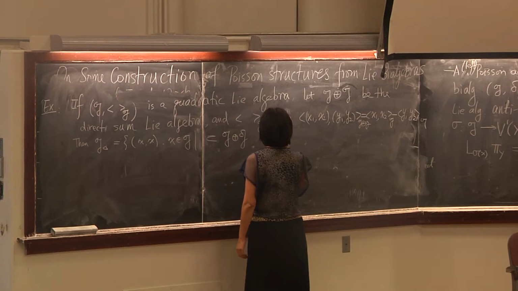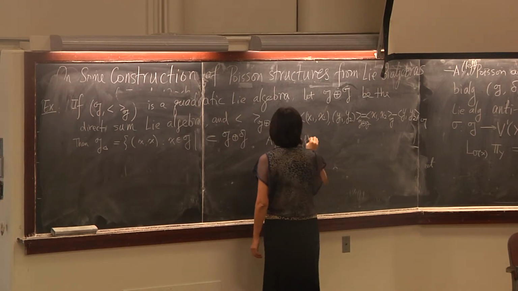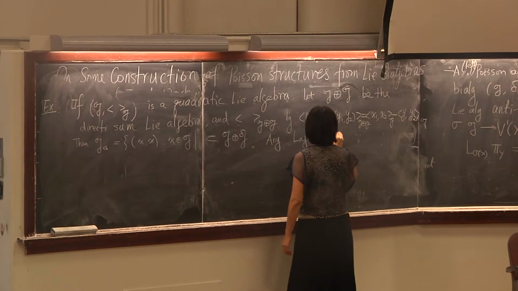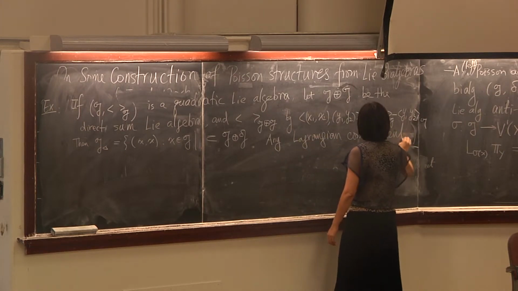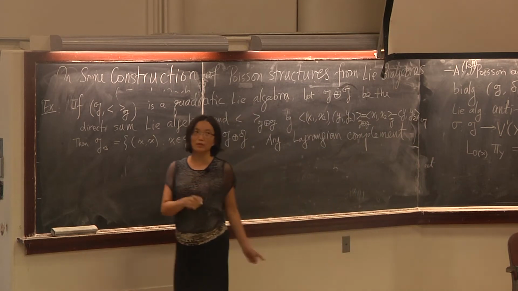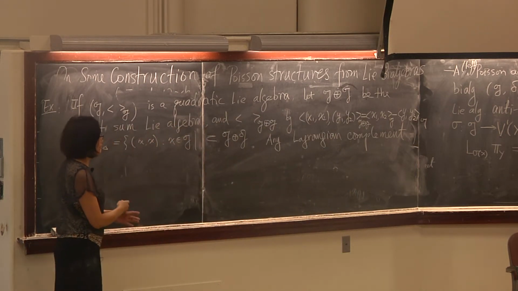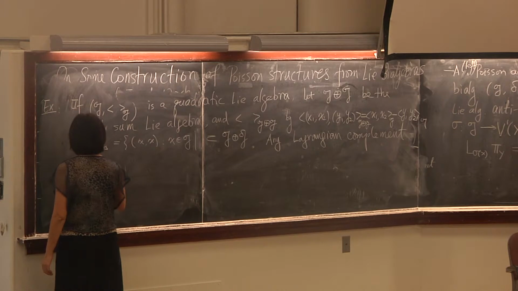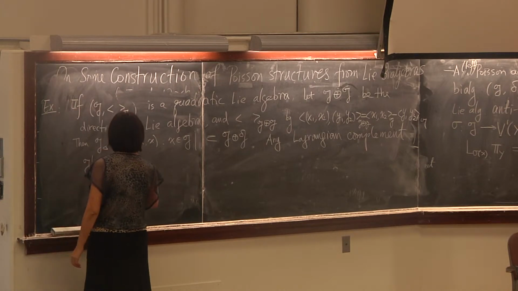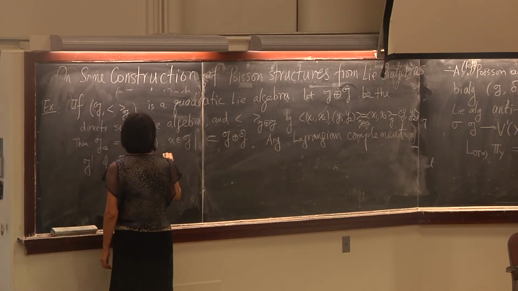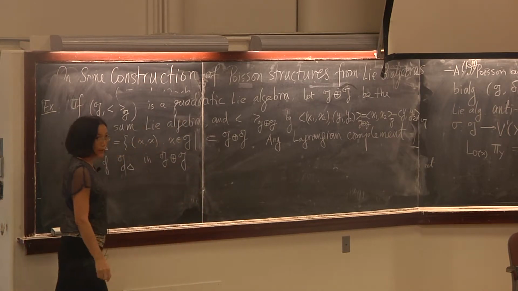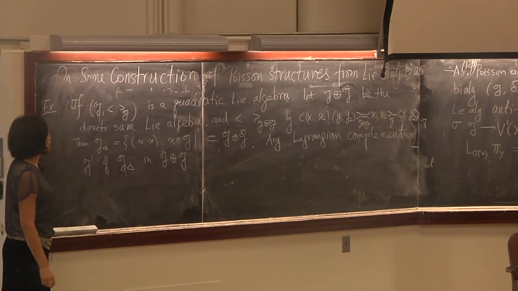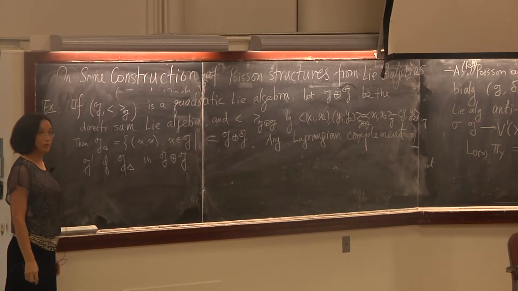Any Lagrangian complement, and by that I want it to be a Lie subalgebra, so the complement is Lagrangian and also a Lie subalgebra, G prime, would give you a Manin triple. And then out of that Manin triple, you get three Lie bialgebras and three Poisson Lie groups.